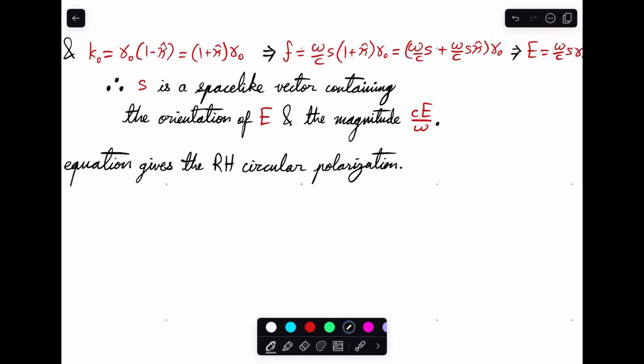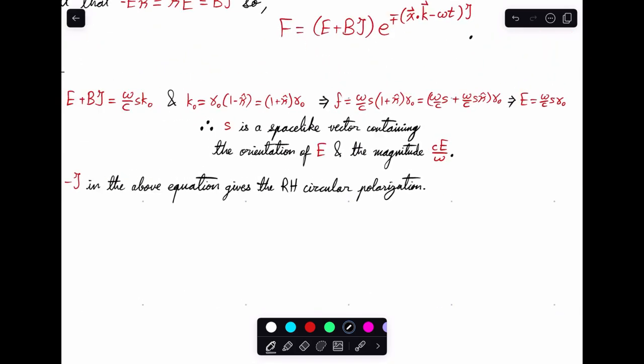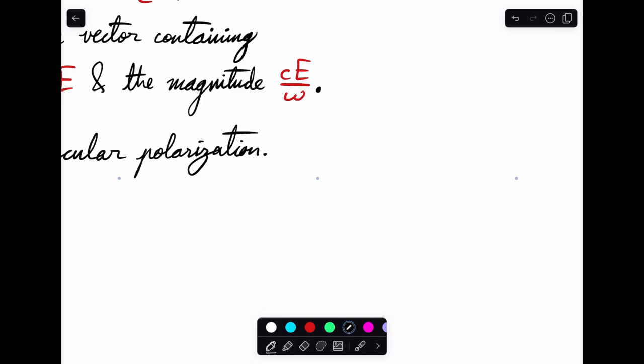So this gives right-handed circular polarization of light, which if you were to visualize it like this, so you have one axis, second axis, and then you have your propagation direction.